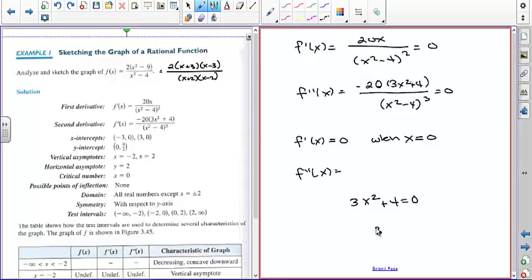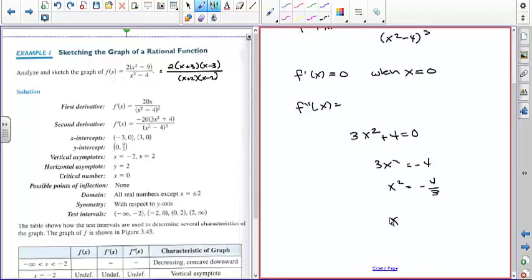Well, you'd subtract 4 from both sides, and you divide by 3, so you get negative 4/3, and then you say, okay, I'm going to take the square root. What's the problem? Can't take the square root of a negative number, right? So the answer is never.